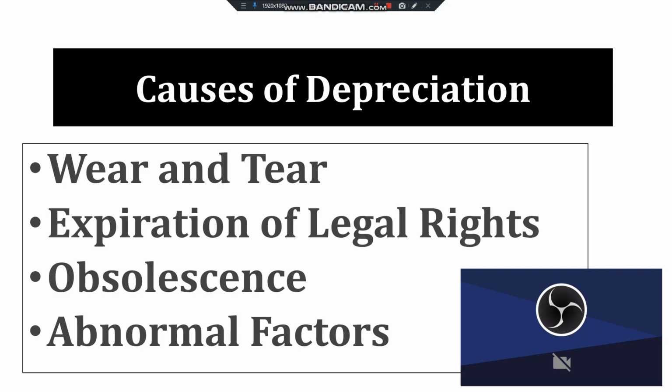So next is abnormal factors. There are many abnormal factors like earthquakes and floods, and because of that the company's machineries can also be damaged. So the real machinery value or the real cost of an asset should be noted down by adding depreciation to its value.